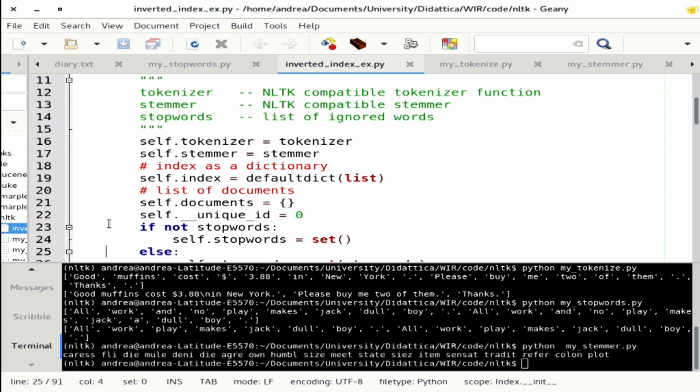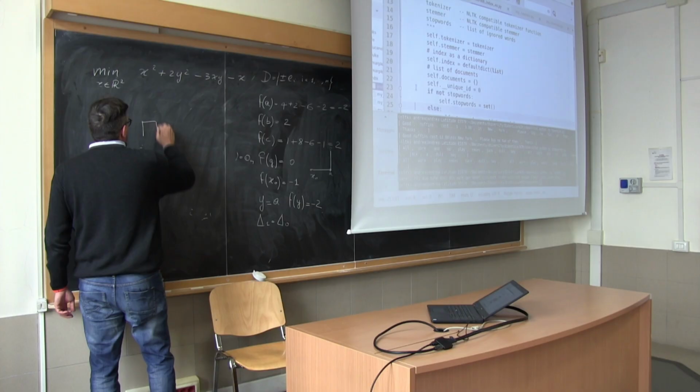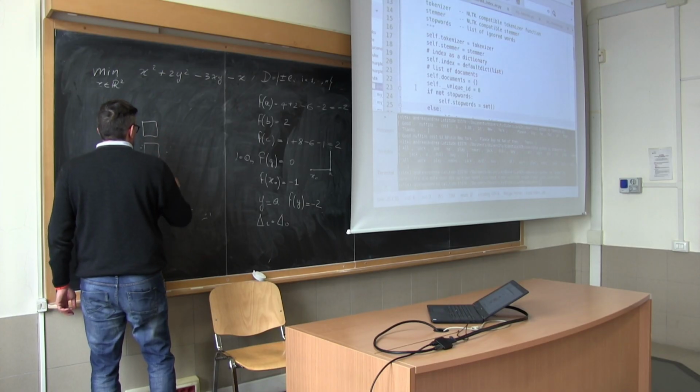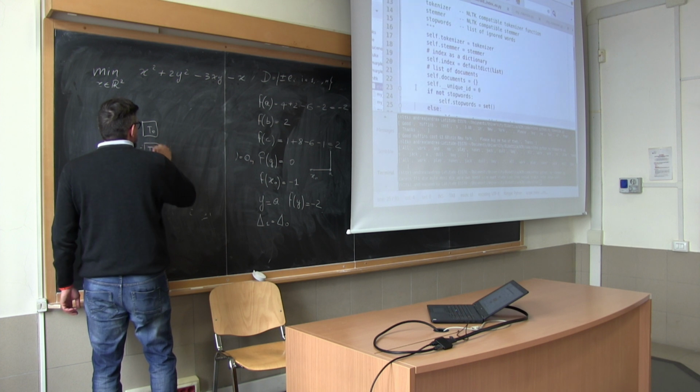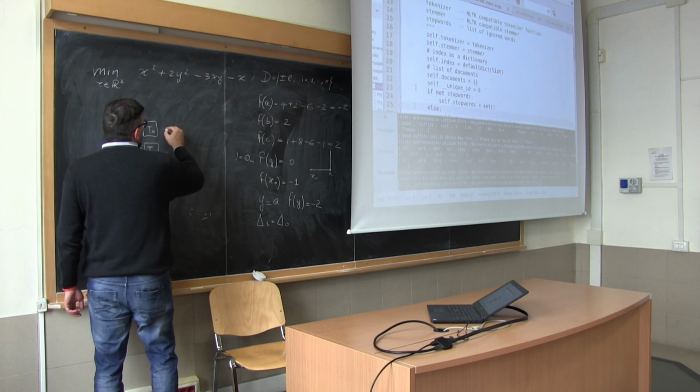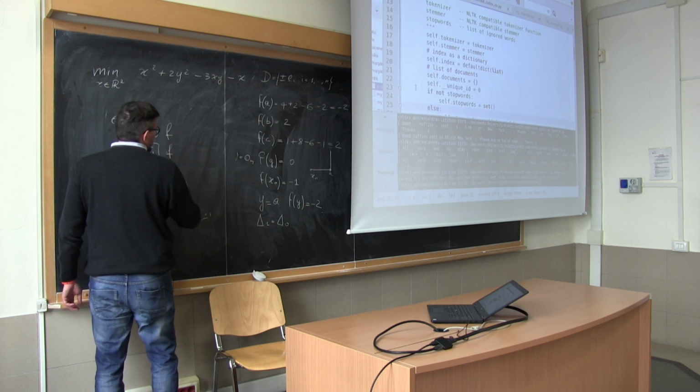And then each entry in this dictionary is a list of documents, because I remind you that the idea is the following. Here we have the terms. Here we have possibly the frequencies, even if we don't use them.